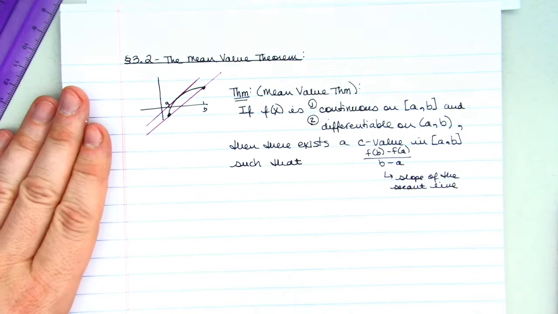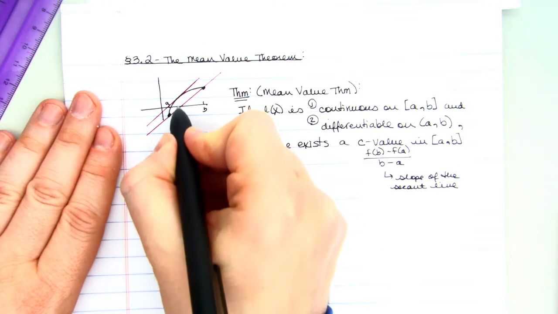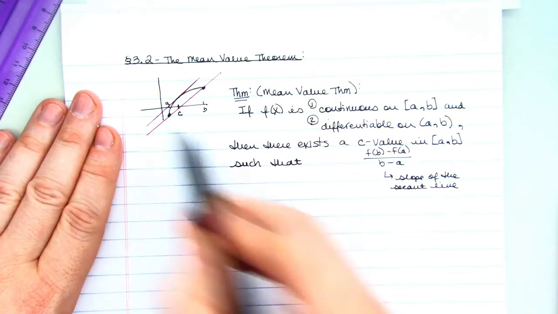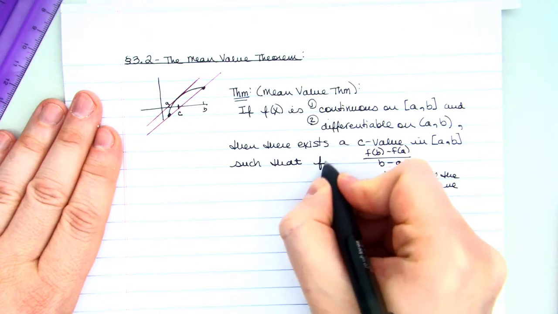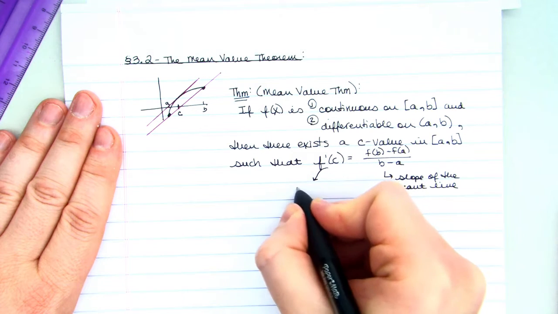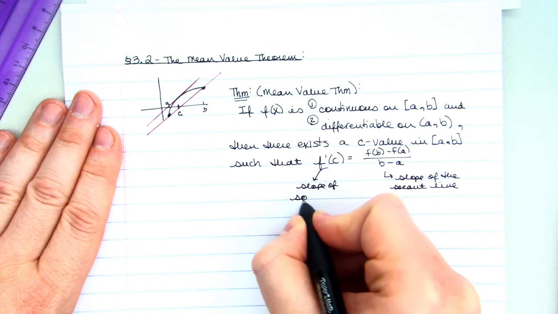And that slope is also sometimes called the mean value. This tangent line at x equals c, what's the slope of a tangent line? A derivative, f prime of c. That's the slope of some tangent line.